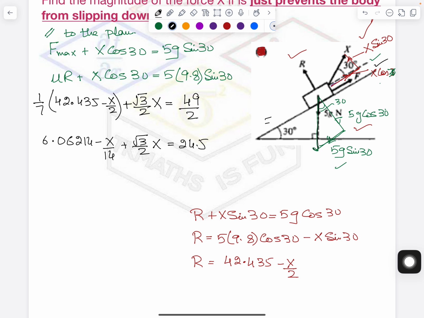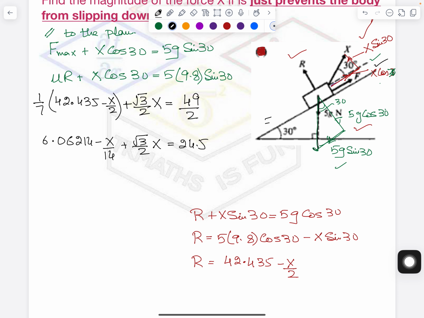Okay, so after this I'm calculating the x value, which is equals to minus 1 divided by 14 plus root 3 divided by 2.